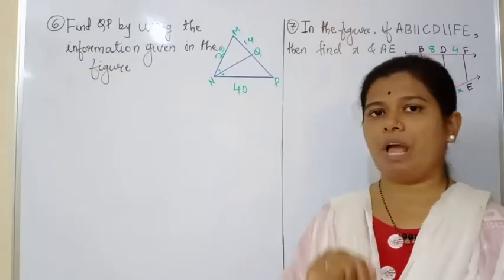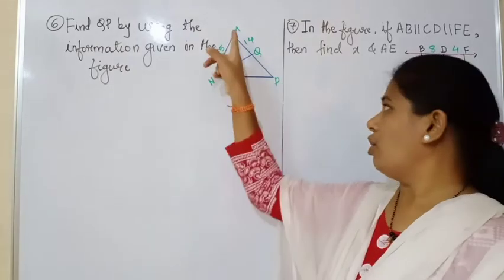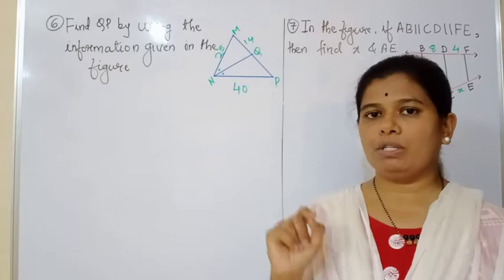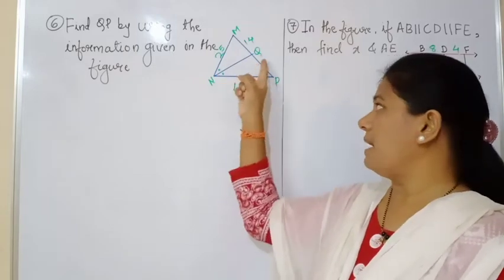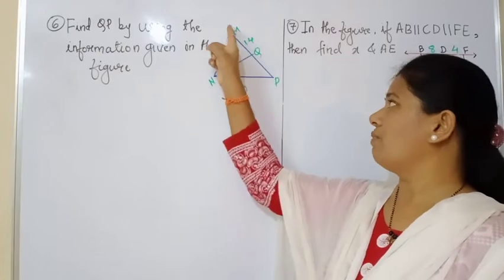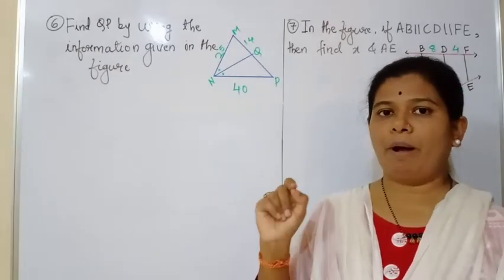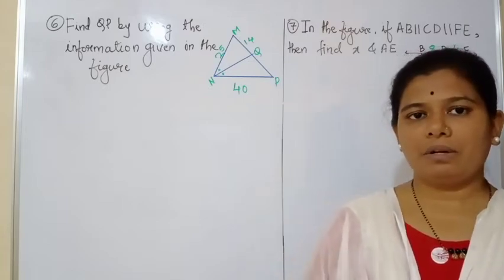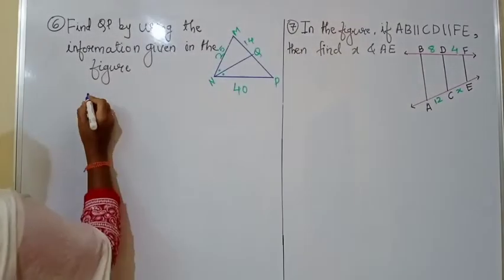One more piece of information: NQ is the bisector of angle MNP. By using this information, we are going to use the angle bisector theorem to find the value of QP. So now we write the solution.